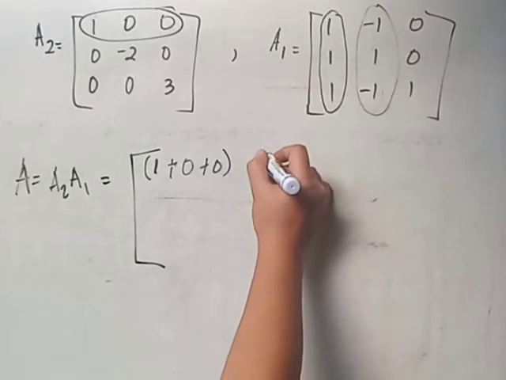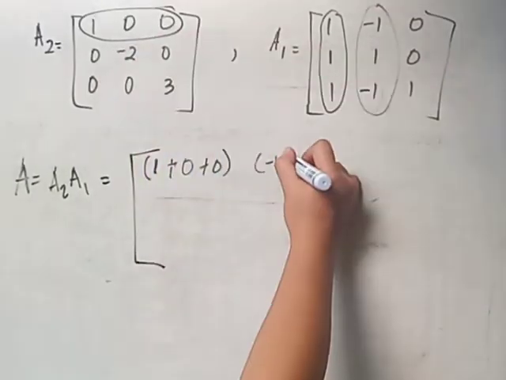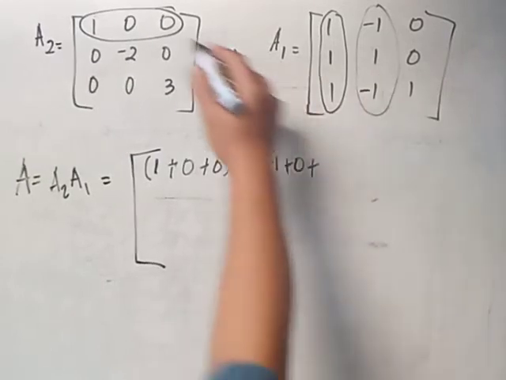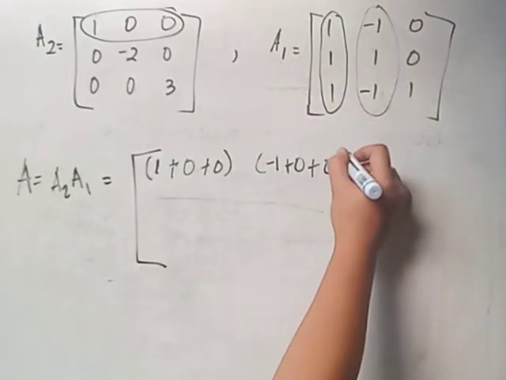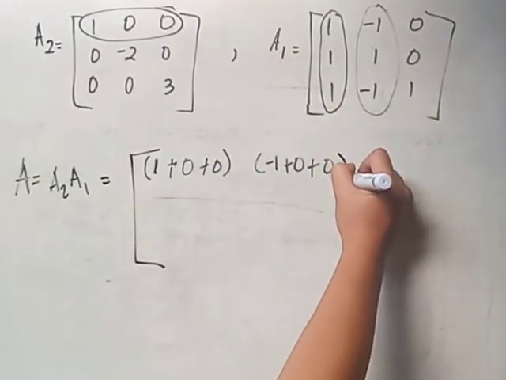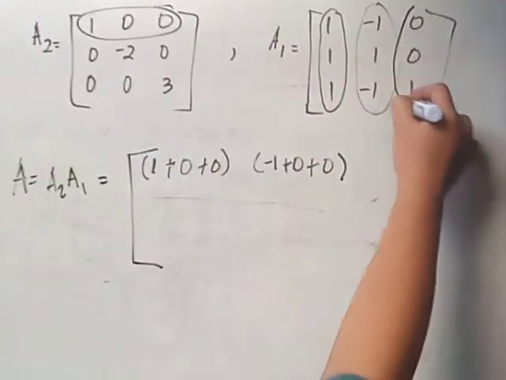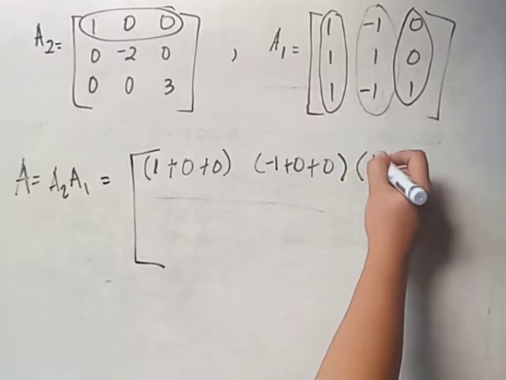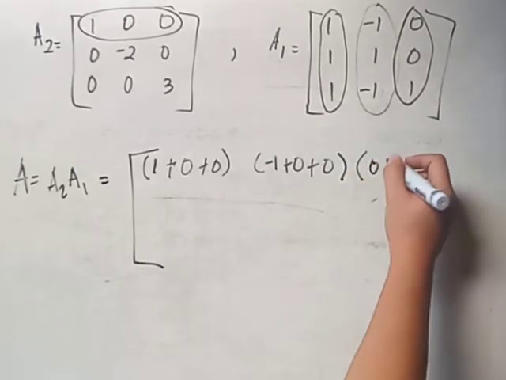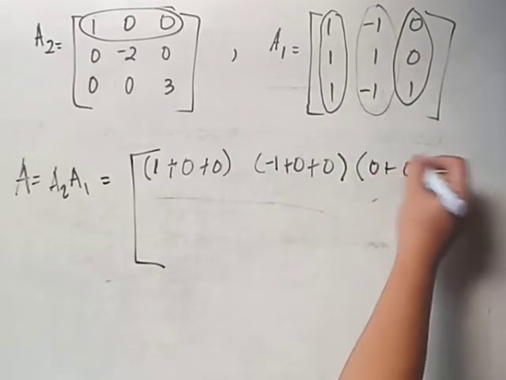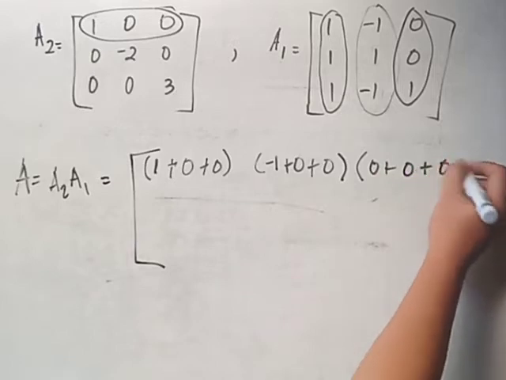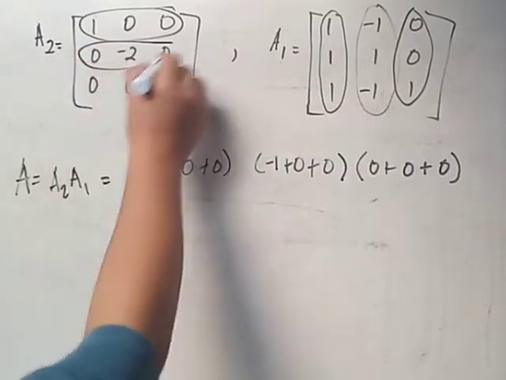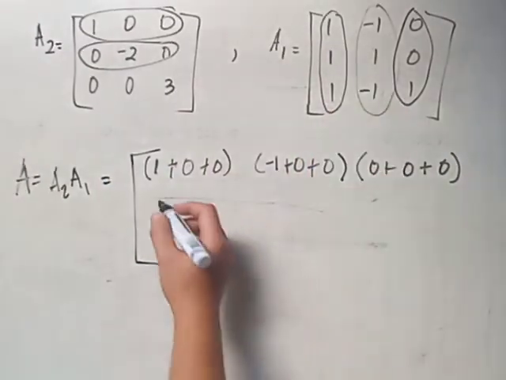And then this row with this column. So we have -1 plus 0 plus 0. And then this row by this column, we have 0 plus 0 plus 0. And next, we'll multiply this row by this column.